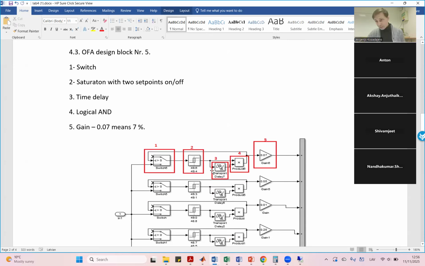So it could be very easy, but in this case we need to put an additional mechanism so that we can't disconnect this load more than one time. That's why we use this type of block.